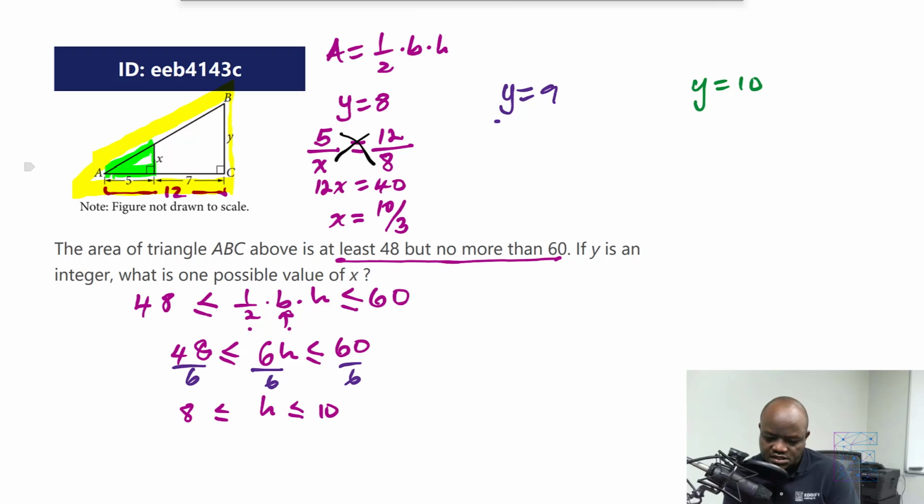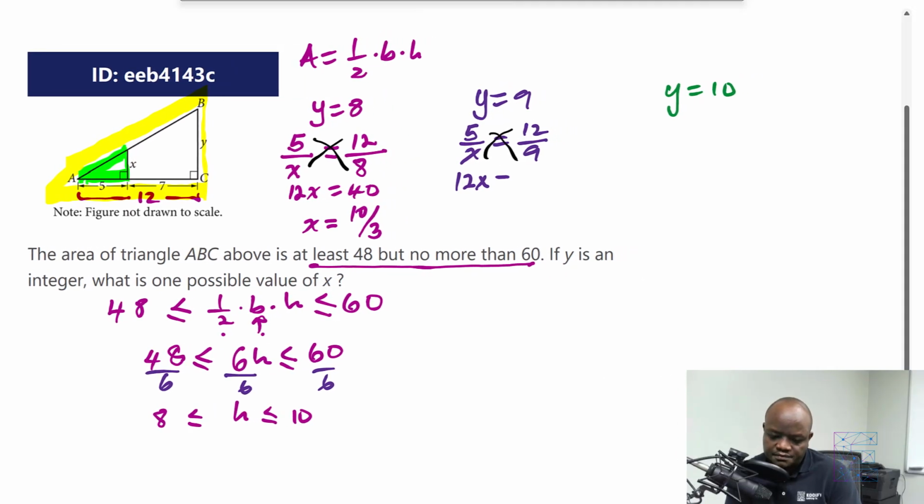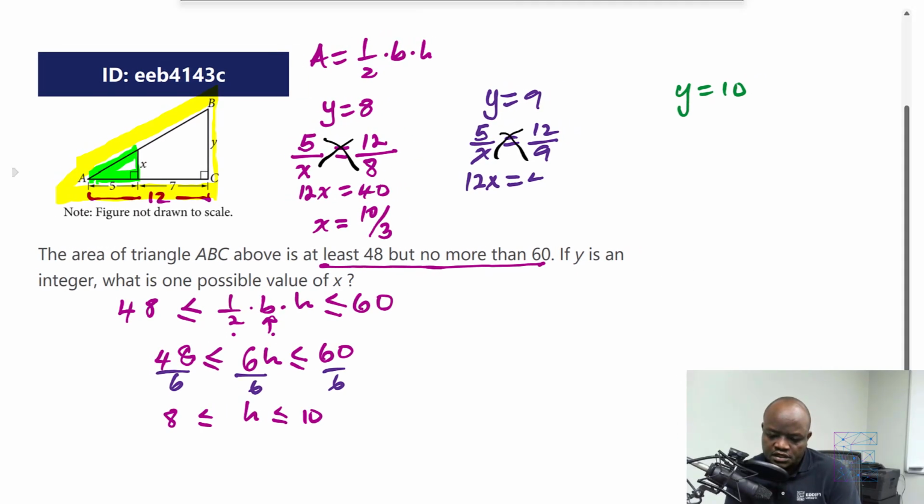Once again, we'll say the small one, 5 over x, equals the big one, which is 12 over 9 this time, right? Once again, we're going to be cross multiplying. So we end up getting 12x equals 45. And when you simplify this, dividing both sides by 12, you're going to end up getting 15 over 3 as another option.